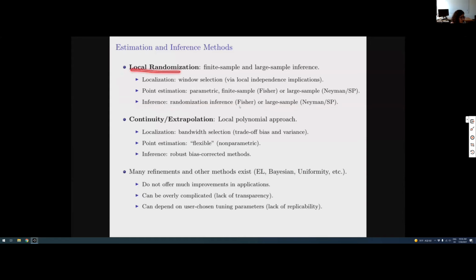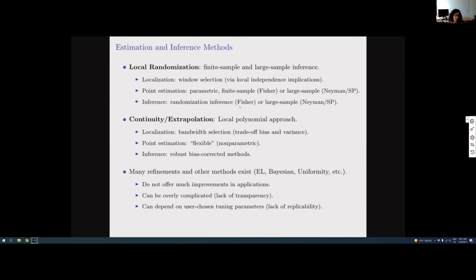Basically, we're going to focus on these two approaches. There are many others that exist, such as empirical likelihood methods, but those are not as widely used in the social sciences, and sometimes require ad hoc choice of tuning parameters, which is something that we will try to avoid. We'll talk about how to do data-driven and optimal choice as much as possible of any tuning parameters that are needed.